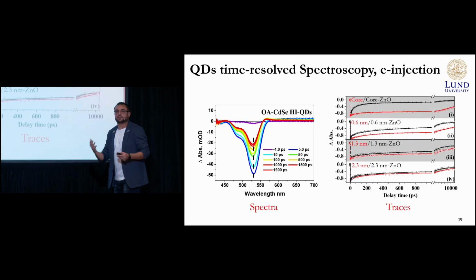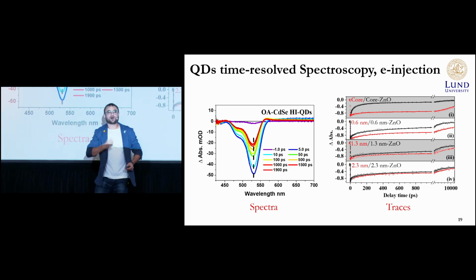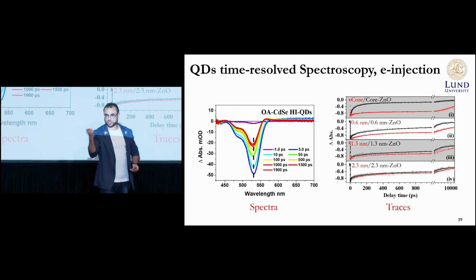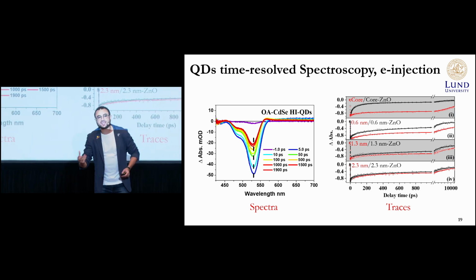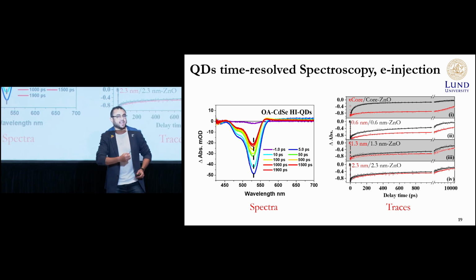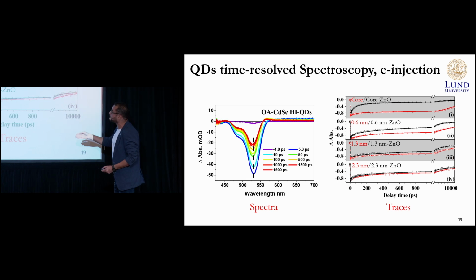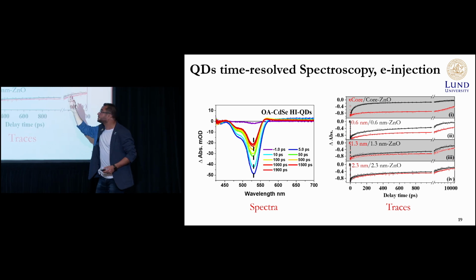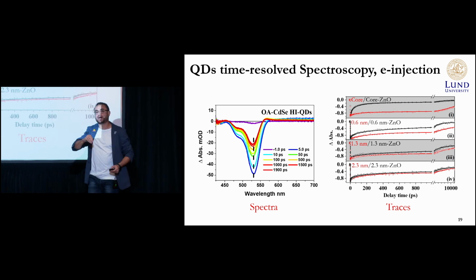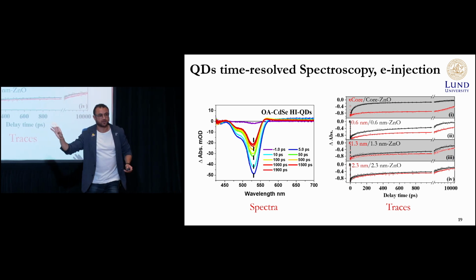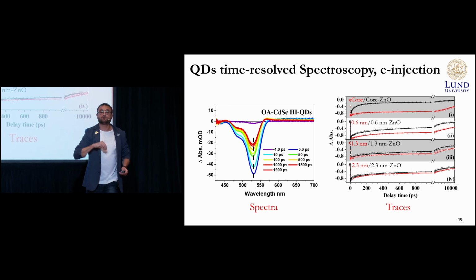And then what we did, we compared the time traces of the bleaching recovery for our quantum dots, just core and different shell thicknesses. Once we introduce a material that can take the electrons, electrons can be injected into this material, which in that case we use zinc oxide. So if you look now and compare, the red lines show you how the quantum dots behave alone, compared to the black lines, which show you how the quantum dots behave on zinc oxide.